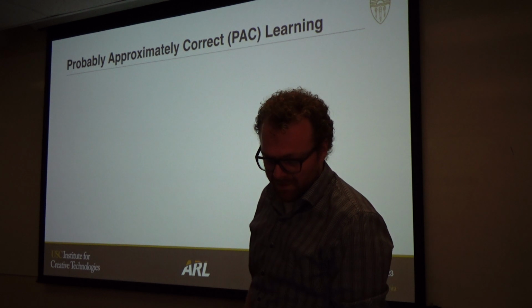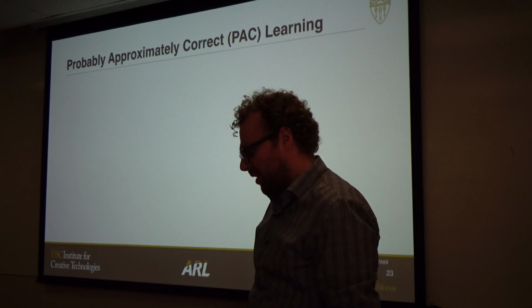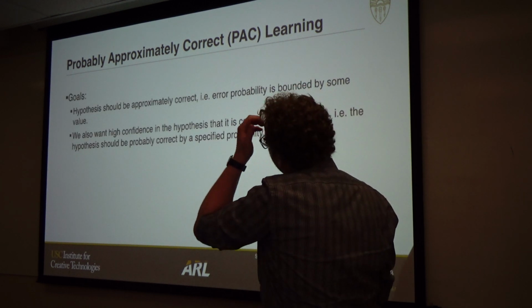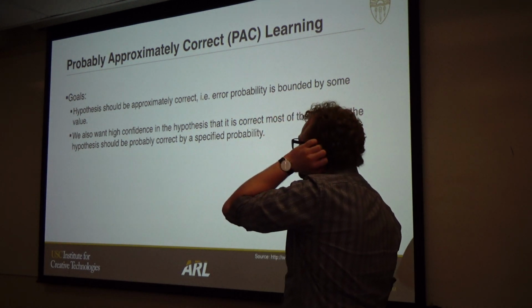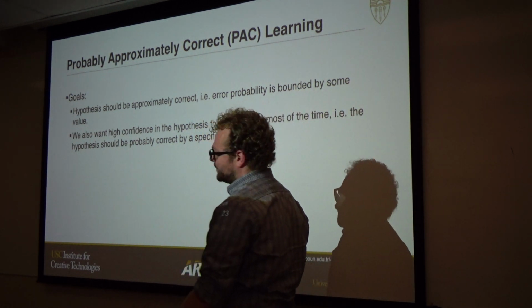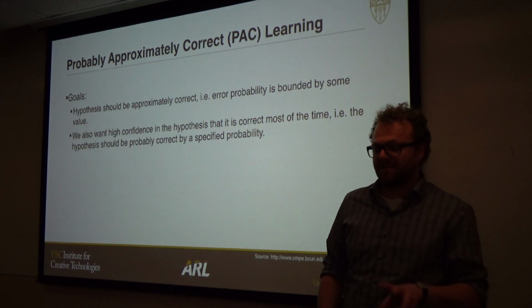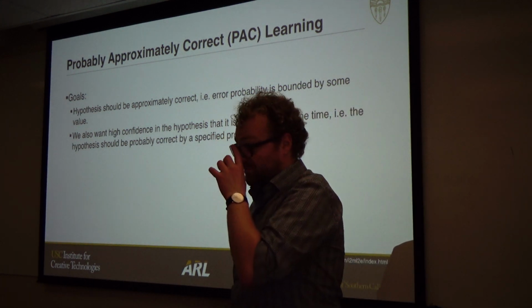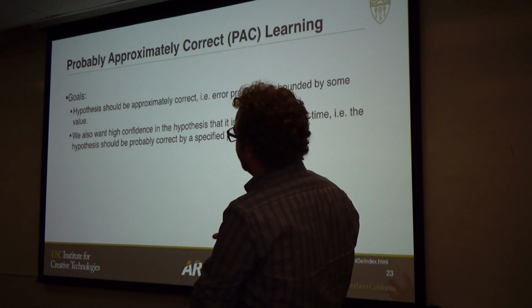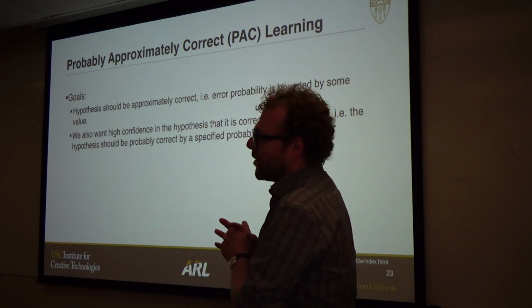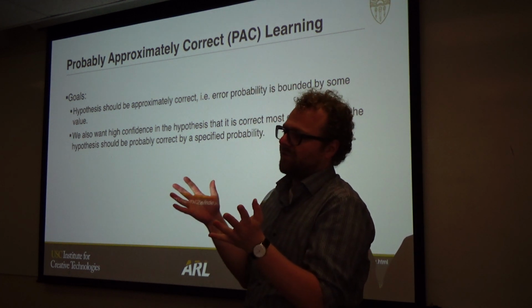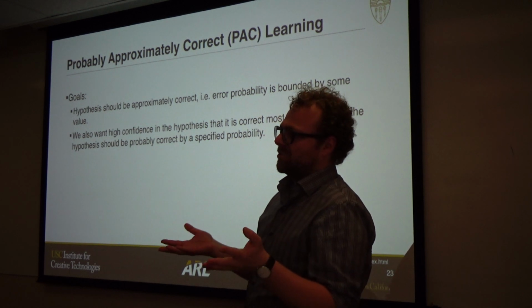So with probably approximately correct learning, or PAC learning, we have a couple of goals. In this category of learning, we want the hypothesis to be approximately correct, so it should not make too many errors.